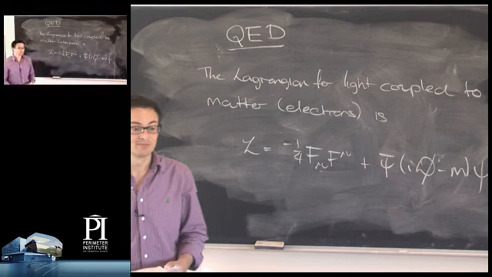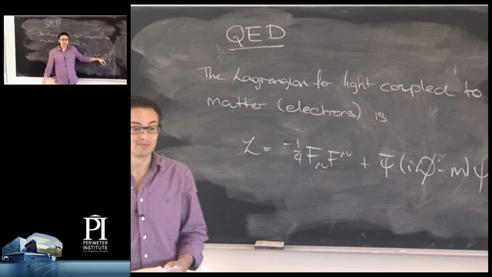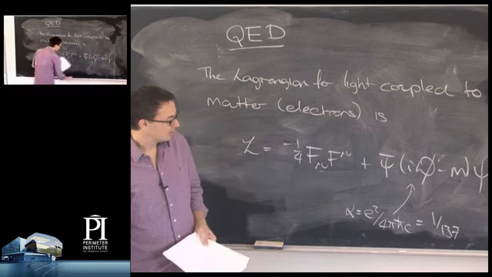Isn't it simple? There's an m here, which is the mass of the electron. You'll learn in the next course that it's not quite that, but certainly related to that. And there's an e that sits in here, which is the coupling constant. The e that sits in there is related to the fine structure constant.